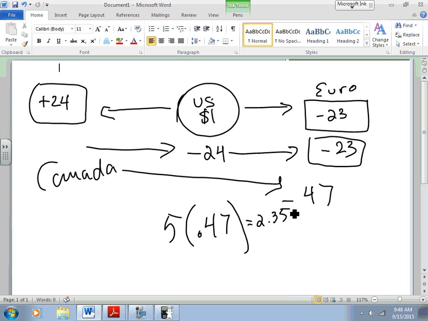So we have 5 Canadian dollars, but we're losing 47 cents per dollar. So we're really losing $2.35 total from our Canadian value, and we only have now whatever that difference is, 2.65. So now you only have 2.65 in euro. Does that make sense?